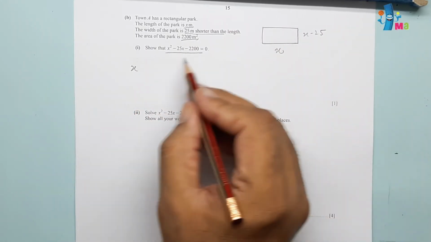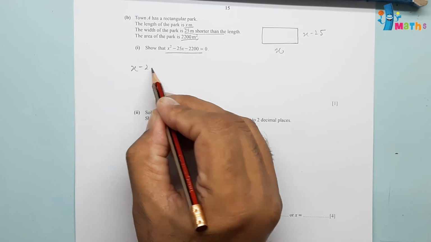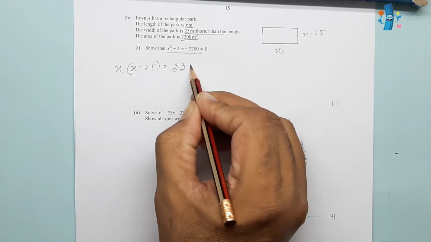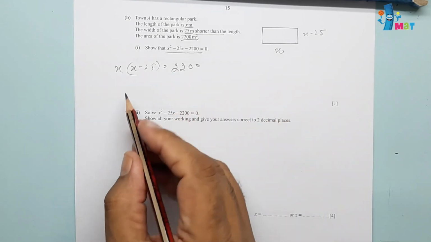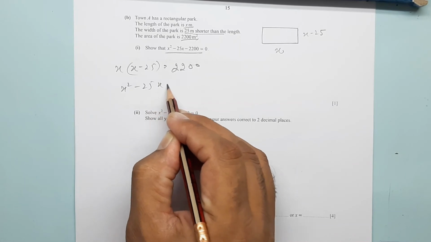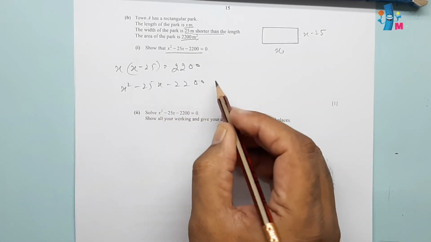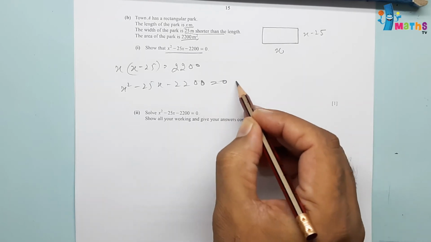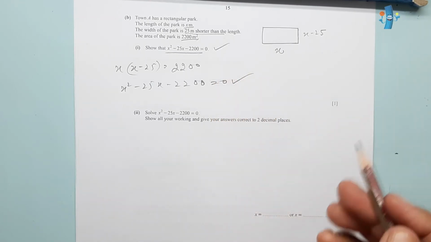This width x minus 25 multiplied by x will be the area, which is 2200. We can multiply: x squared minus 25x minus 2200 will be equal to 0, which is the required equation.